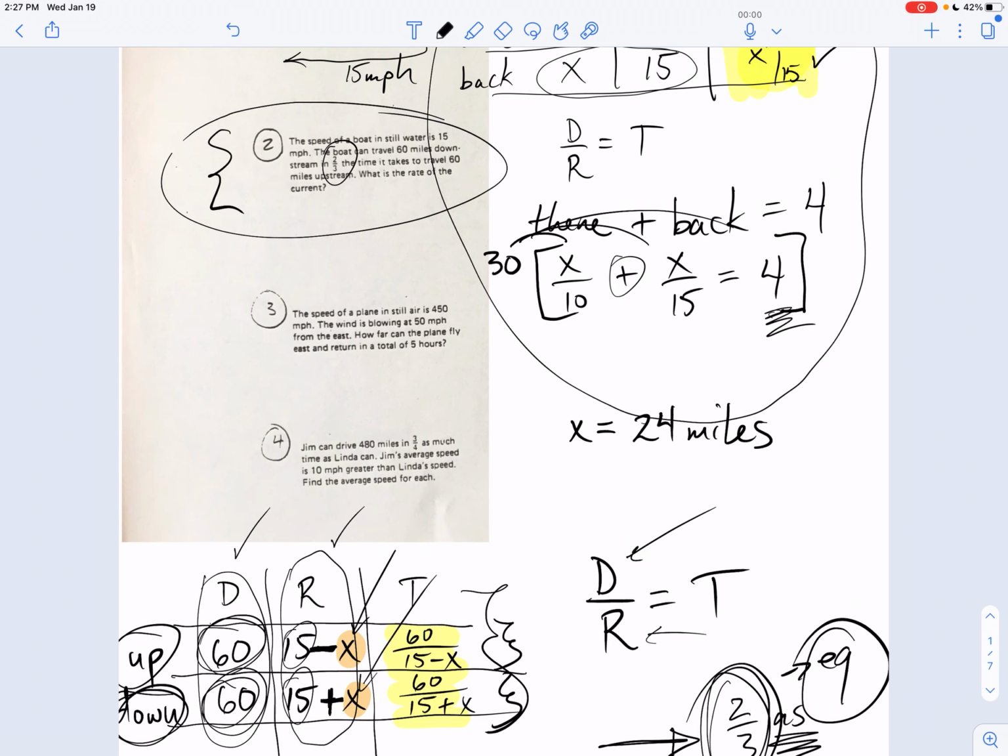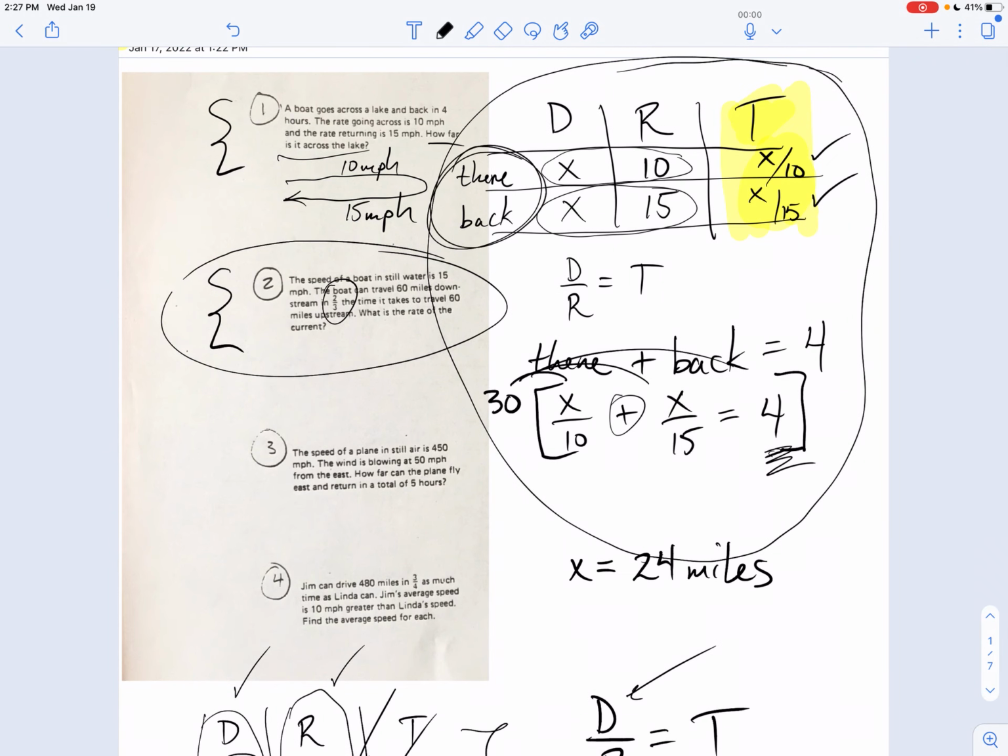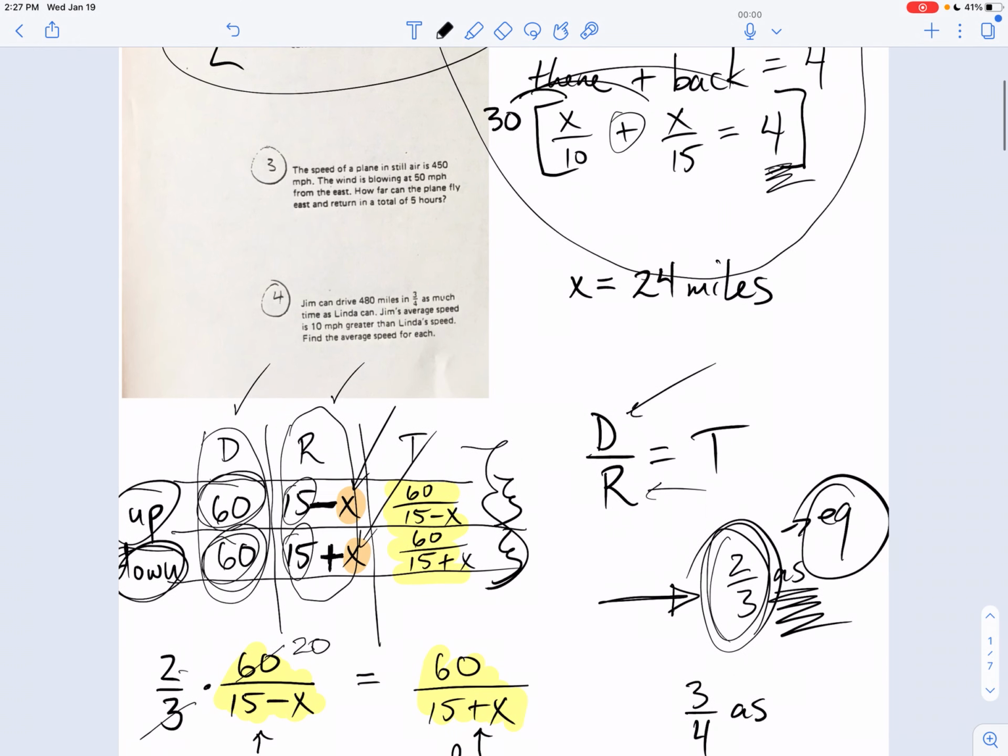You're not experts at this yet, but you do have an idea of upstream, downstream, going there and back, etc. And when you put all the ingredients together, the thing that's going to make up your equation is whatever happens to be in the column underneath T. Let that sink in a little bit.